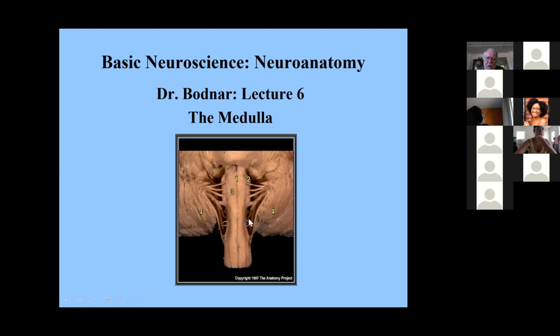Here is the deep cerebellum. And then what you're seeing right here is the pyramids. And then what you can see coming out are a variety of the cranial nerves that we're going to be talking about as we go through.